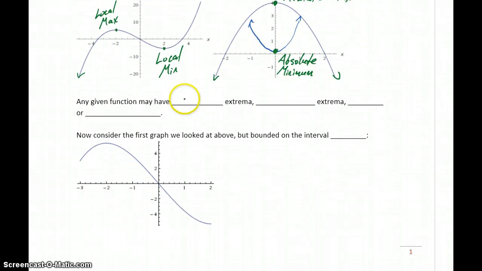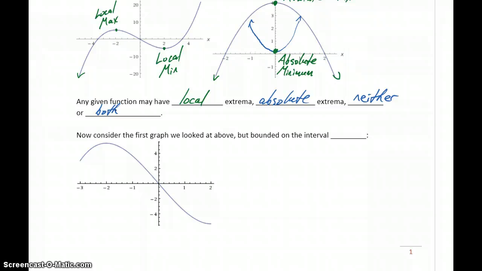So any given function could have local extrema, absolute extrema, it could have neither of those, or it could have both. So with any given function, there's a variety of things that we might uncover or discover.